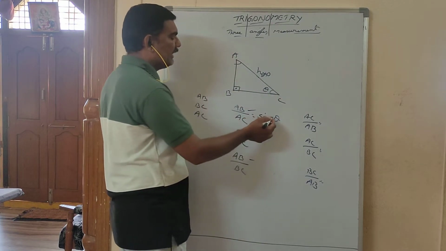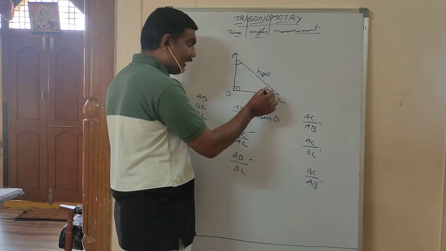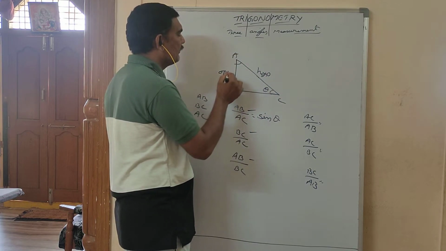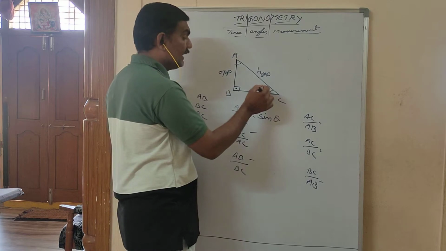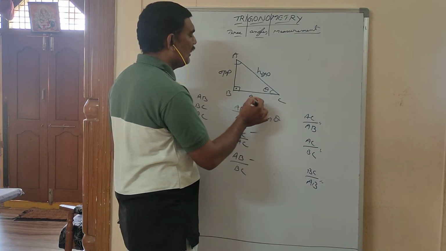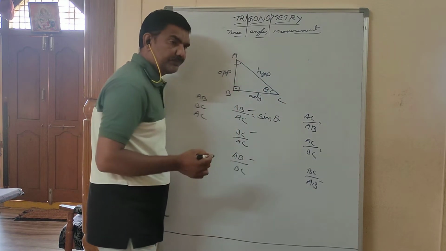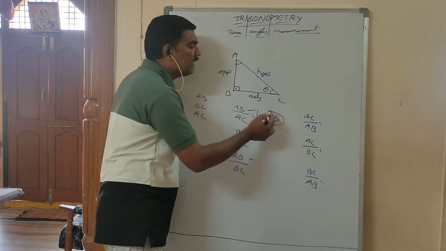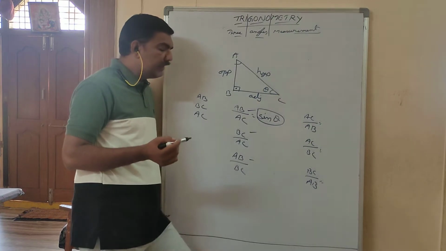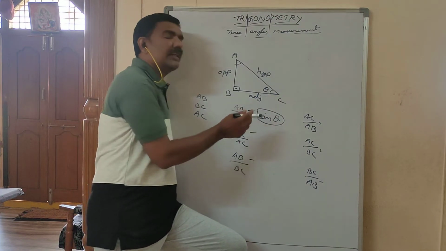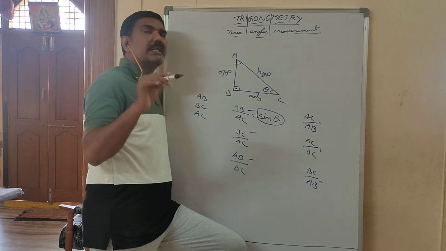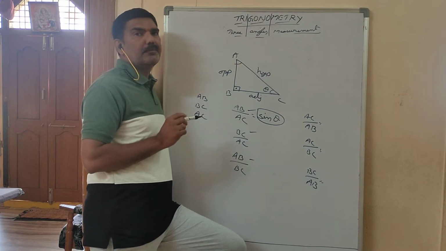So here they define this as sine theta. See, why I have written sine theta: for this theta, AB is what? Opposite side. For this theta, BC is what? Adjacent side. So, if anyone asks, what is sine theta? Sine theta is nothing but the ratio between two sides of a right angle triangle.